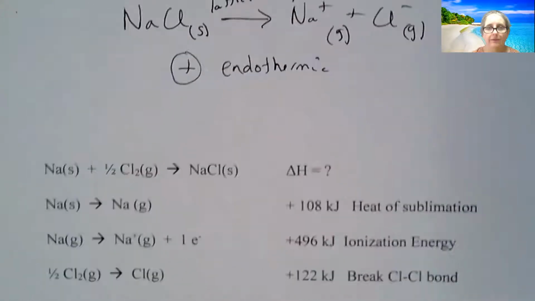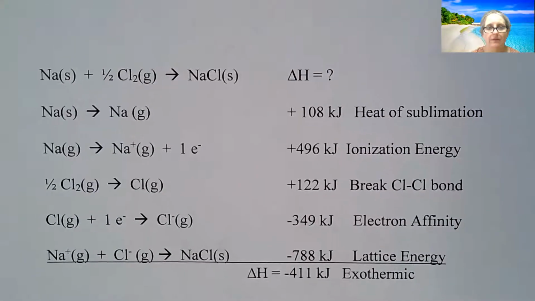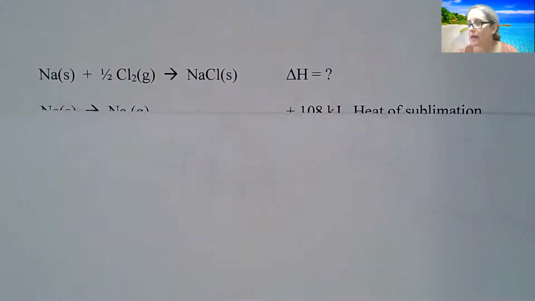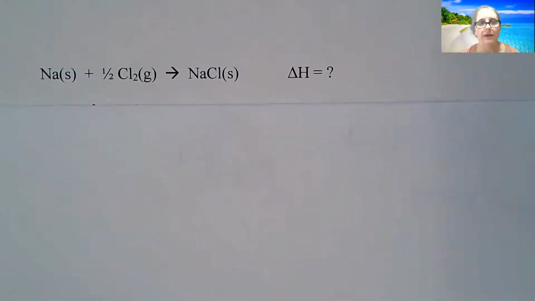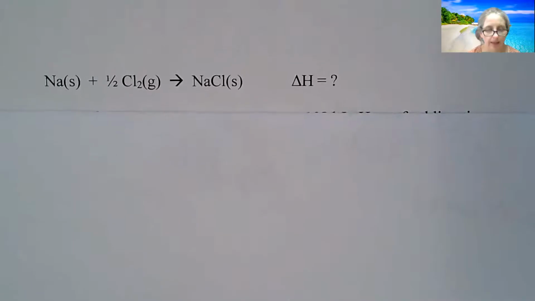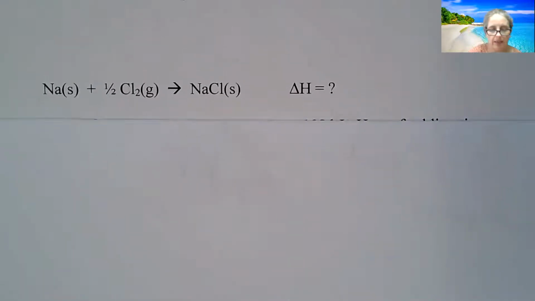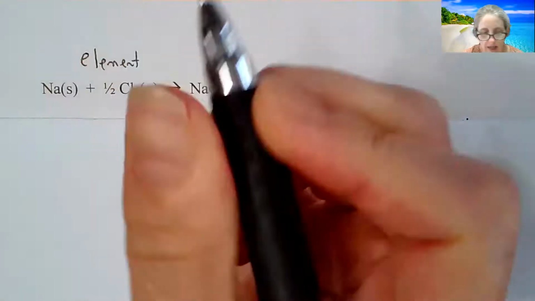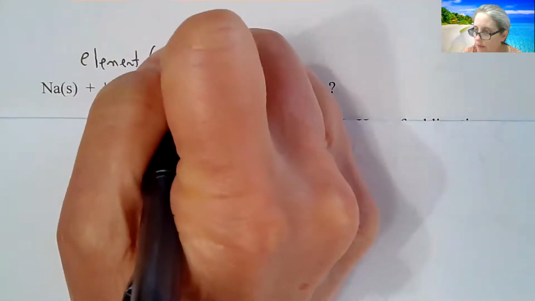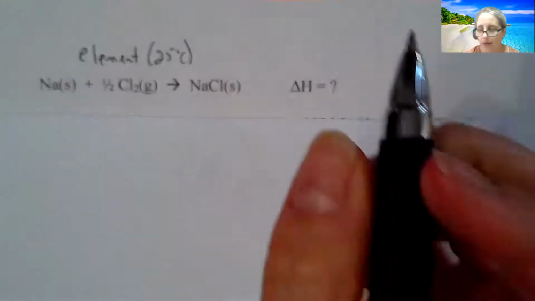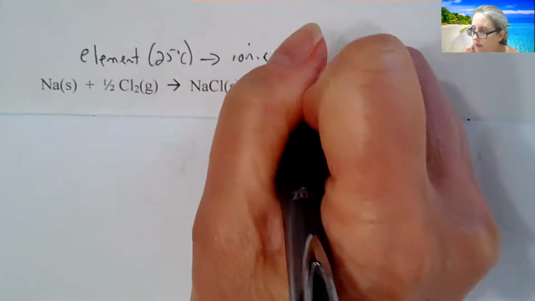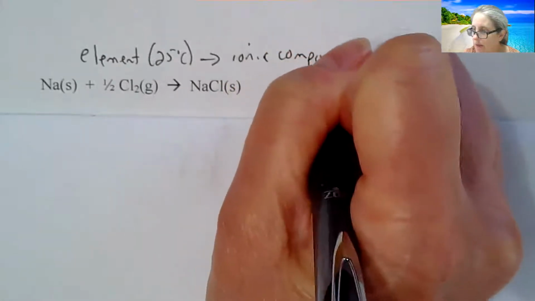So what I have for you is a schematic, step by step, of how we get the amount of energy it takes to form an ionic solid. So realize that we're always talking about its elements, at 25 degrees Celsius, in their normal state of matter, going to an ionic compound. That's really what we're looking at for this type of problem.